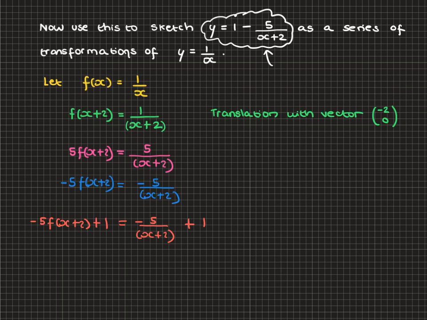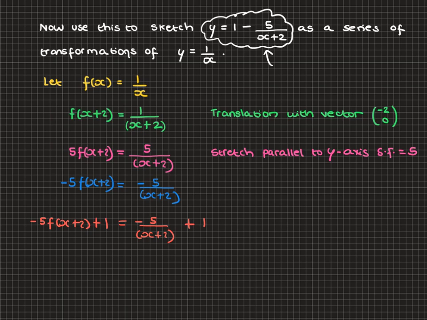Now what about this next one? The multiplication by 5. This of course is a stretch, which is parallel to, or in the direction of, the y-axis and has a scale factor equal to 5.